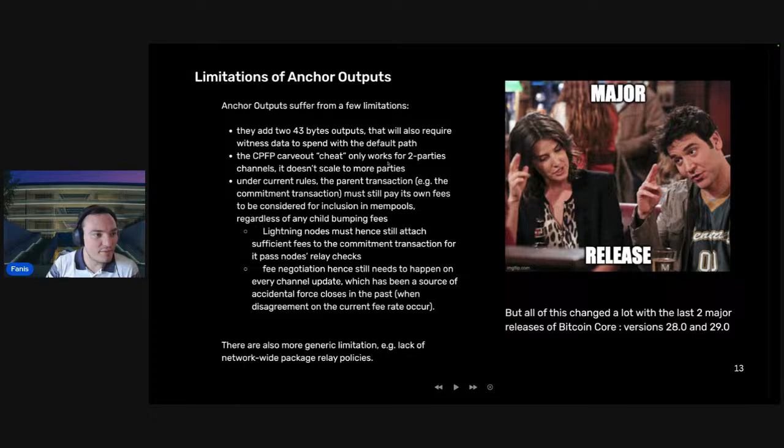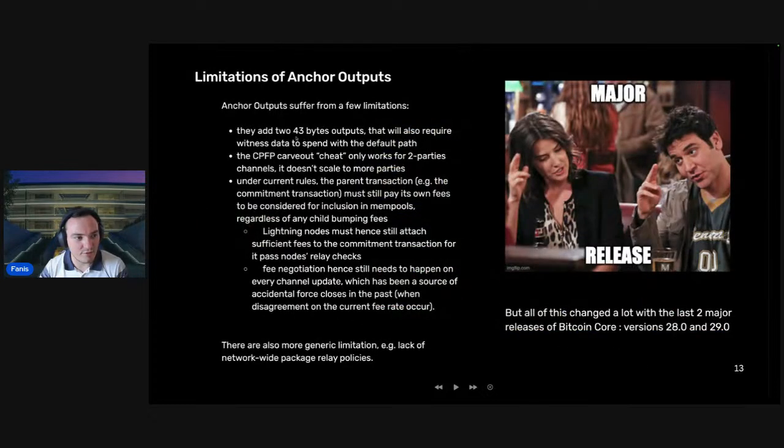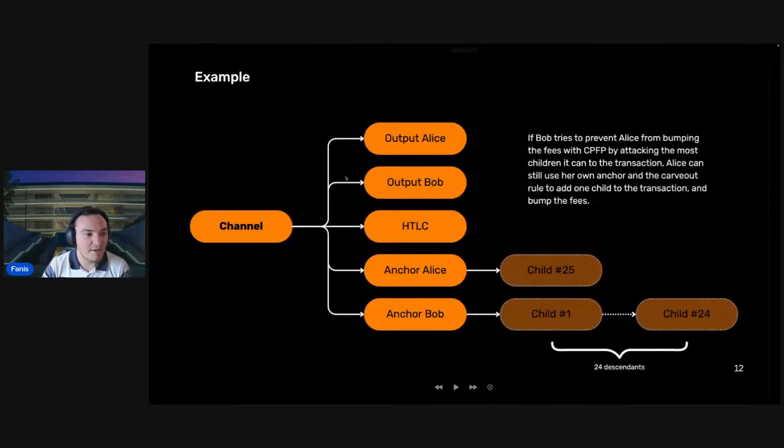So what are some limitations of anchor outputs? One, which is quite evident, is that they add some data to the transaction. Instead of a typical channel commitment transaction that would just be two outputs, one for Alice, one for Bob, and then the eventual HTLC output, but you don't always have an HTLC output, you always have two additional outputs that are here to be able to fee bump the transaction.